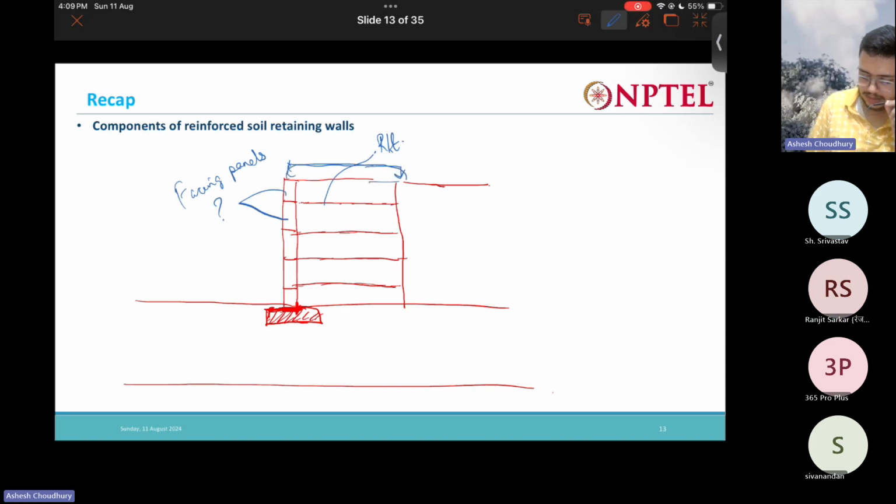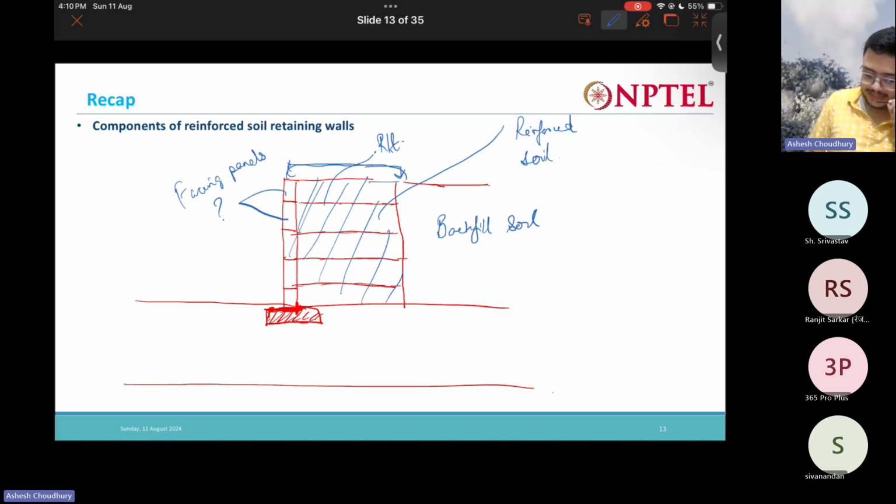Active phase? No, this is not the active phase. This is the backfill. The backfill soil. This is the reinforced soil, right? Okay, this is the reinforced soil.